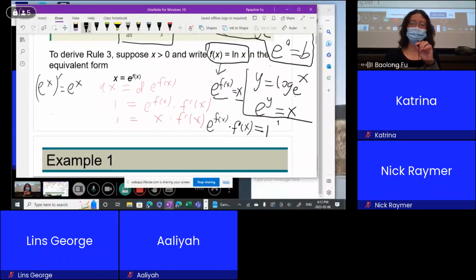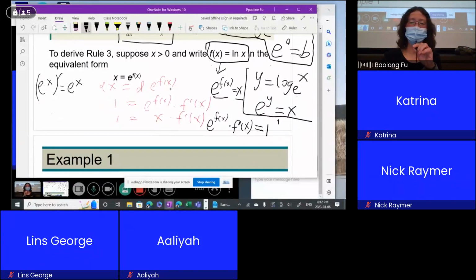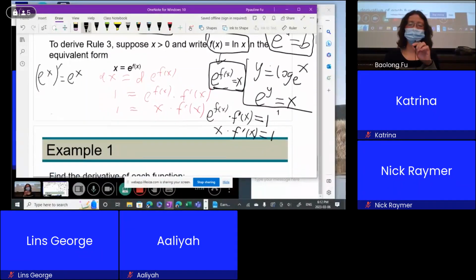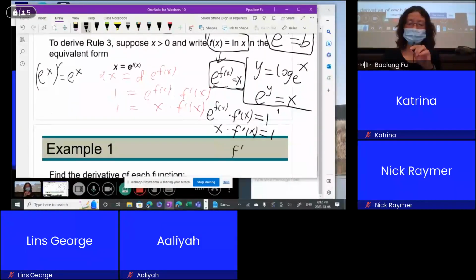And then, what is e raised to the power f(x)? It is x. See here, e raised to the power f(x) is x. So you get x times f prime of x equal to 1. From here, f prime of x equals 1 over x.